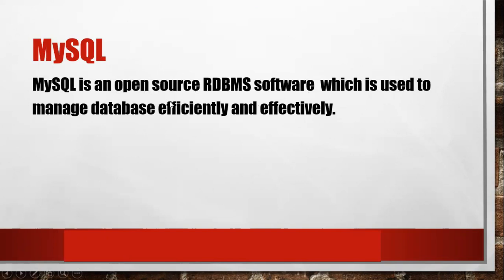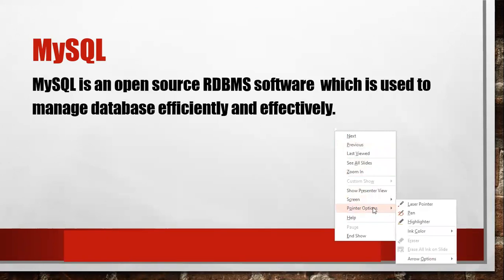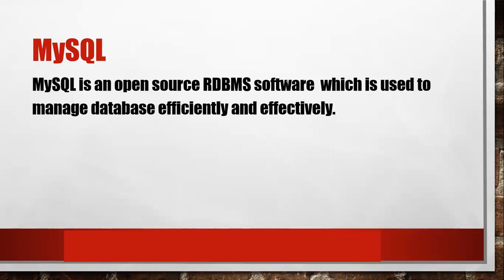Why do we call it open source? Because you don't need any license to download this software. You can easily download it, make changes in it and modify it, and you can also redistribute it. But let's remember that MySQL is basically an RDBMS software which is used to manage databases efficiently and effectively, right? So I hope it is clear.